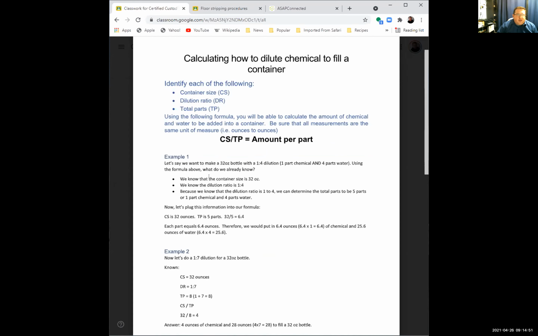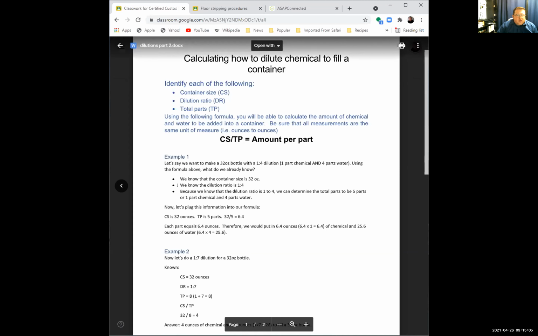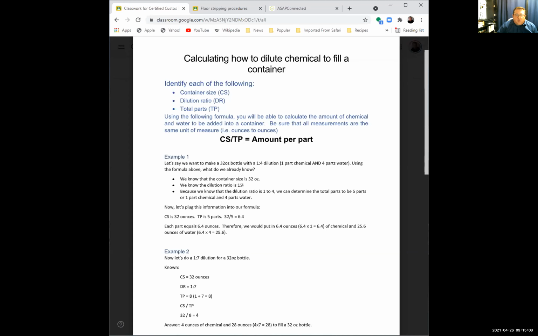How do we determine that? Well, first, we know that the container size is 32 ounce. That's what it says. It says, let's say we make a 32-ounce bottle with a 1 to 4 dilution. So next we know the dilution ratio is 1 to 4.